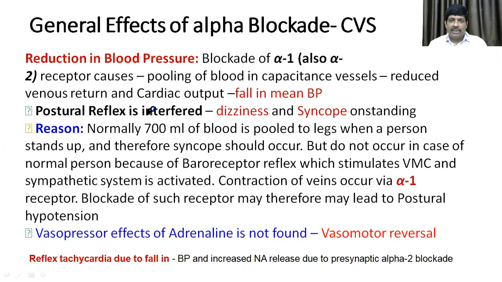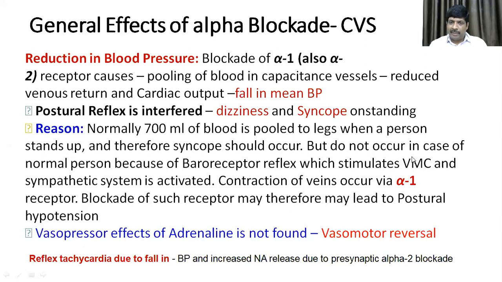What is postural reflex and how is it interfered with? Postural reflex: dizziness, the person may have syncope on standing, and that is known as postural reflex. That depends upon the posture. What is the reason? Normally, 700 ml of blood is pooled in the legs when a person stands up, and therefore syncope could occur, but it does not occur in a normal person because there is a baroreceptor reflex in play, which stimulates the vasomotor center.